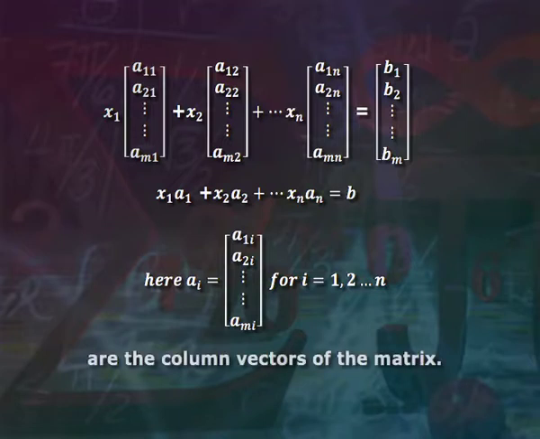That is, x1 a1 plus x2 a2 plus up to xn an equals b. Here ai equals the column vector a1i, a2i up to ami, for i equal to 1, 2 up to n, are the column vectors of the matrix.